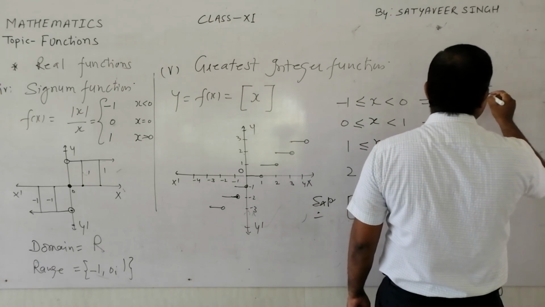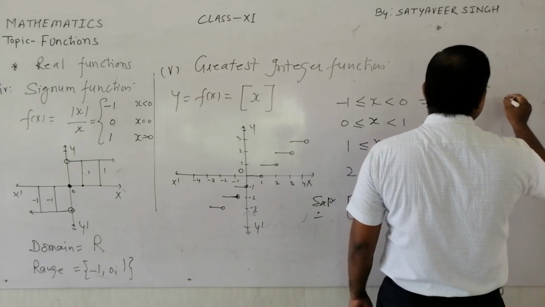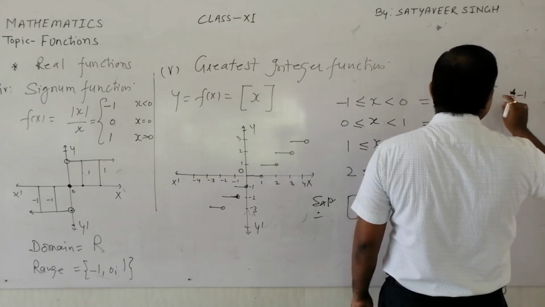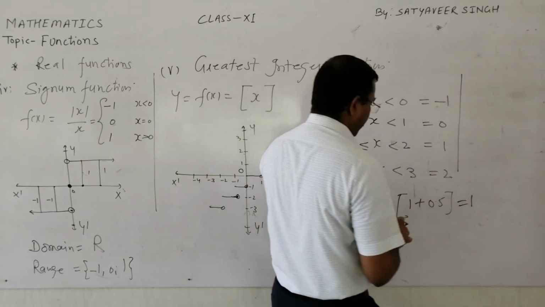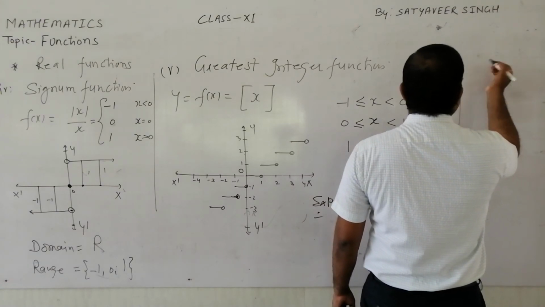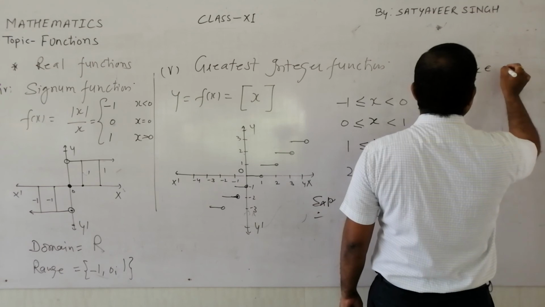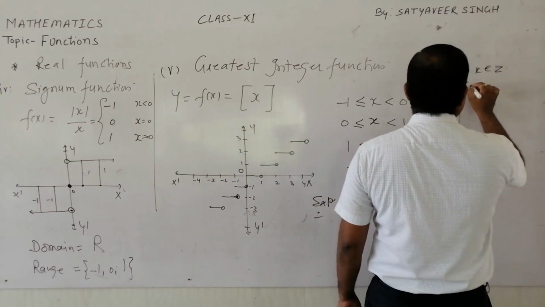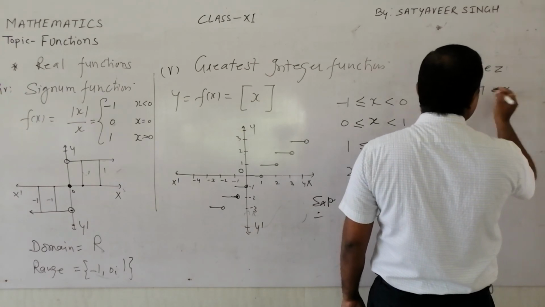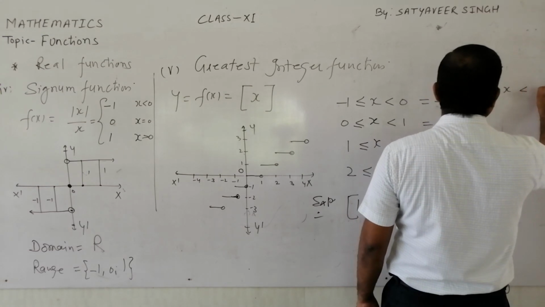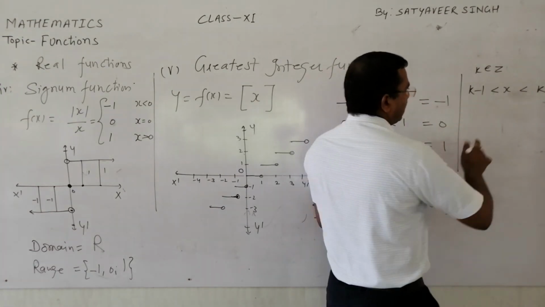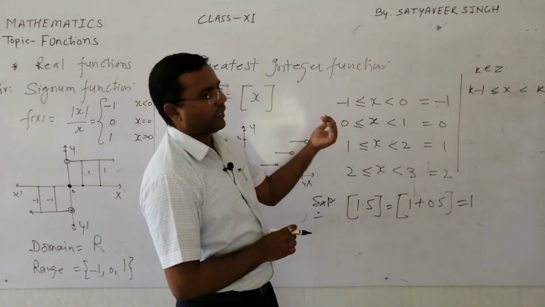Suppose k is any integer, let k belongs to the integers Z, then if x is between k minus 1 and k, whenever the value goes in this interval, it will always give you the result k minus 1.